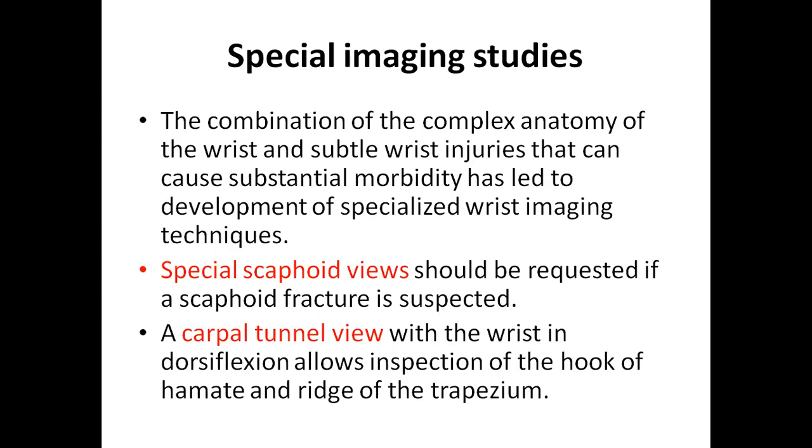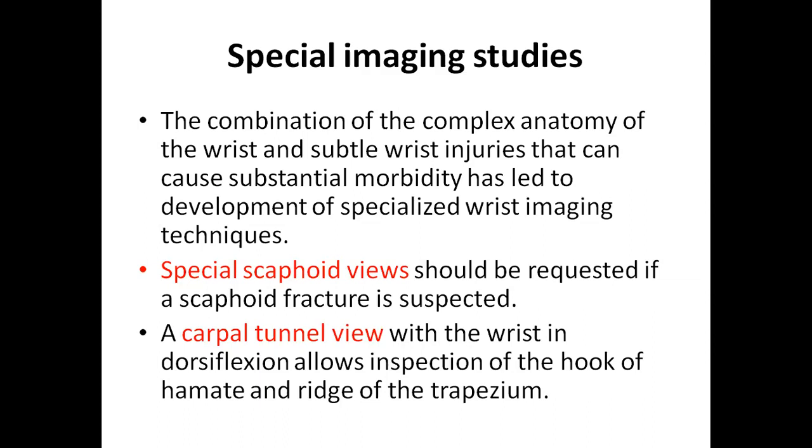The combination of the complex anatomy of the wrist, the subtle wrist injuries, and the small structures which are very difficult to differentiate from each other, that can cause substantial morbidity, has led to the development of specialized wrist imaging techniques, just to have a precise and accurate diagnosis. We need some more specific views which make it easier for us to differentiate what actually the problem is, what the correct diagnosis is.